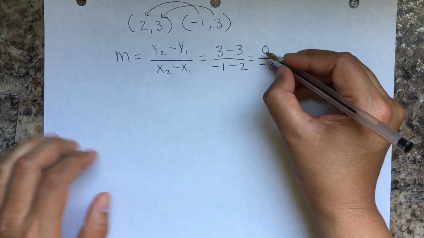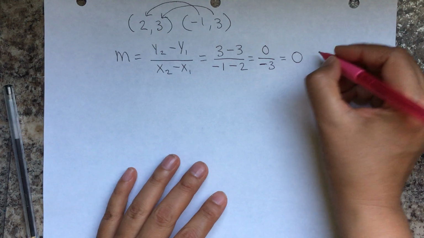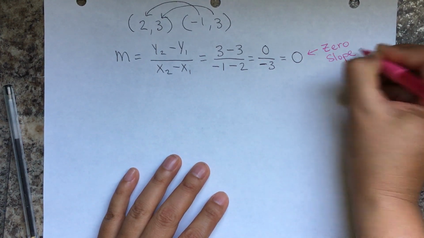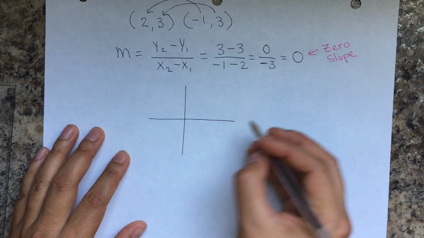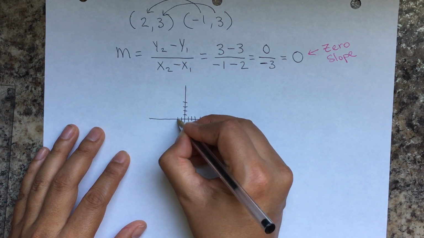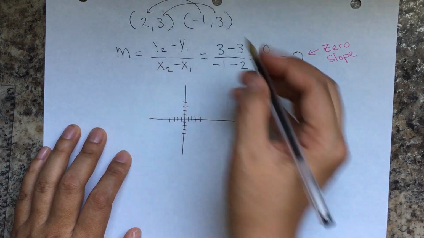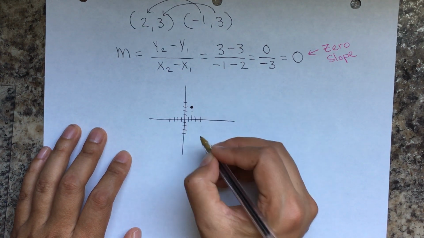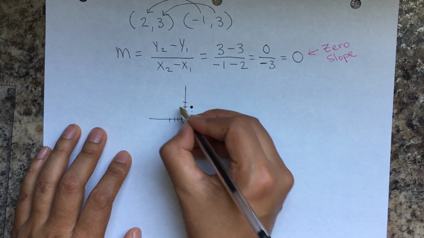And so 0 divided by any number is actually 0. So we call this zero slope. And guess what kind of line you're gonna have? So 1, 2, 3, 4. So it's gonna be (2, 3), and (-1, 3).